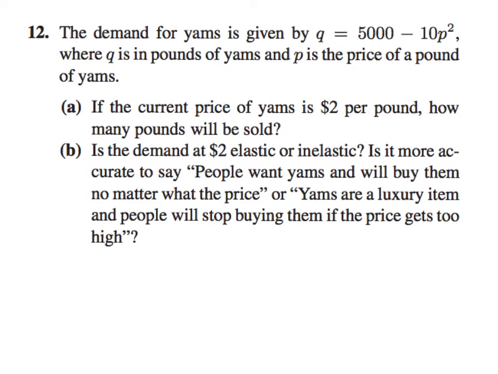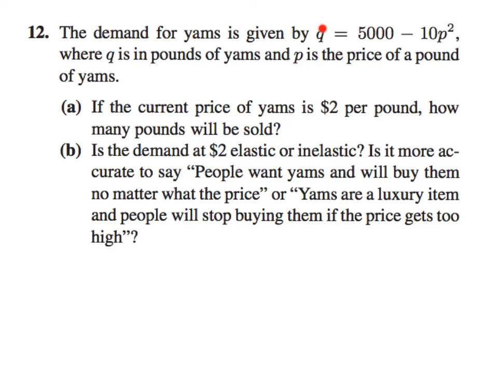So here's a problem from the book, a very straightforward problem, but it lets us go through all the steps needed to compute elasticity. The demand for yams is given by the following demand equation.